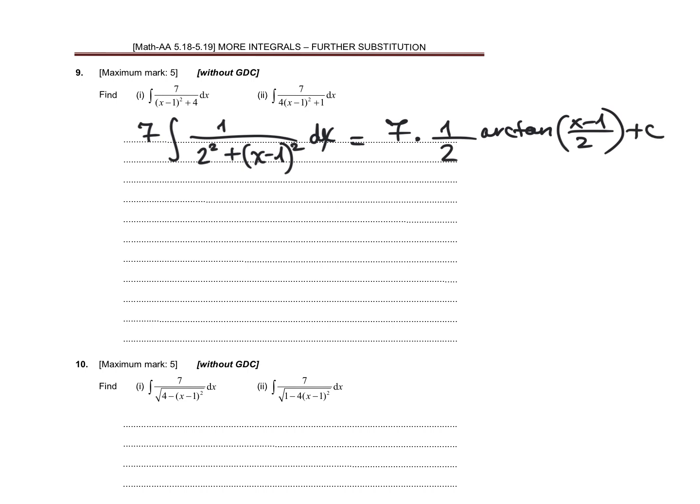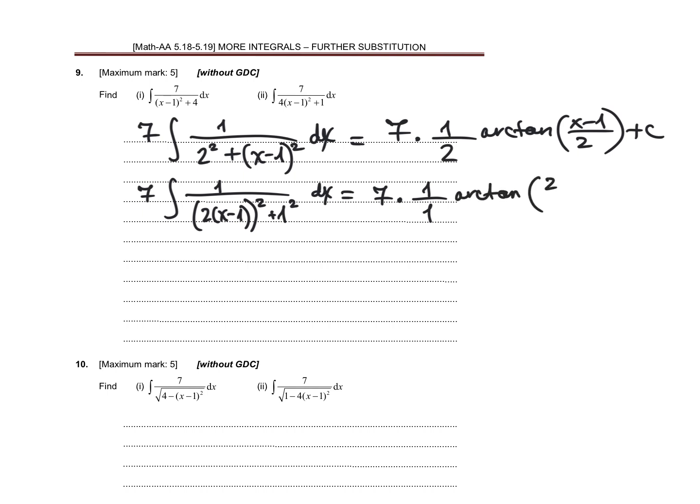All right, so this one, 7 out, 1 over, and this is 2x minus 1 squared plus 1 squared. So 7 from the outside times 1 over 1, because a is 1, arctan, and then it's 2x minus 1 over a, which is 1.